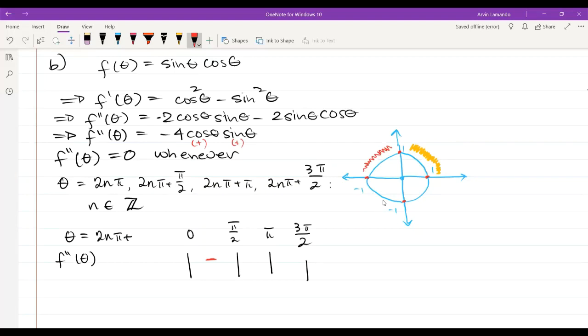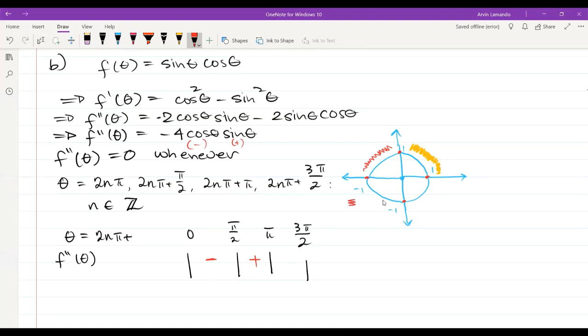sine is positive in that quadrant, while cosine is negative. So that's negative times positive times negative, so f double prime is positive.